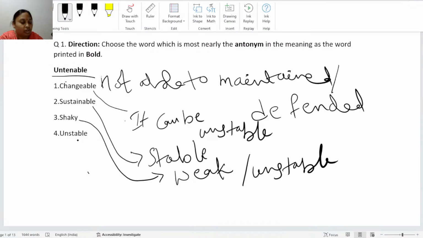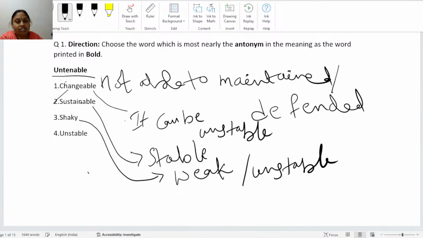Now accordingly, untenable: I told you it is not able to maintain or defend it. But antonym is nothing but the opposite of that word. So what will come? Sustainable.